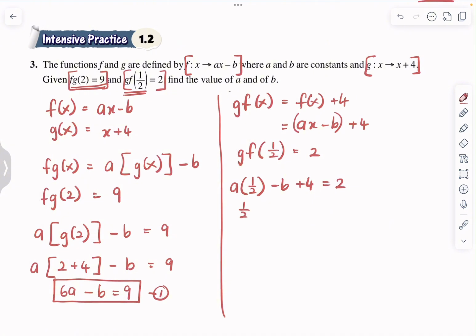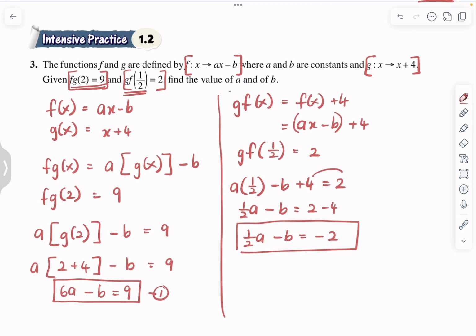So here we get 102a minus b plus 4. Actually the plus 4 we can bring over that side, so it will become 2 minus 4. So 102a minus b is negative 2. This will be our second equation.